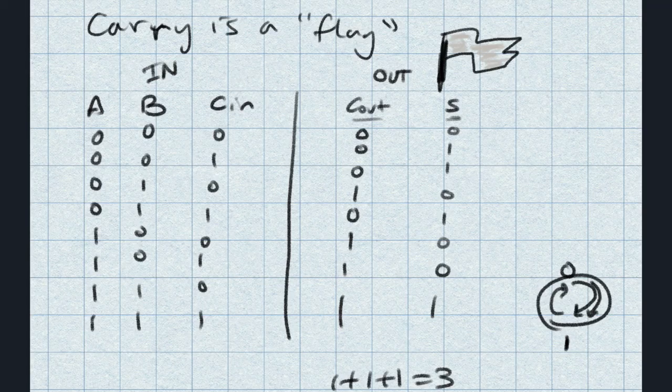It turns out that the output of this full adder, isn't an adder a snake? Anyway, little snaky there. The output of the full adder is a 2-digit number where C out is the most significant bit and the sum is the least significant bit.